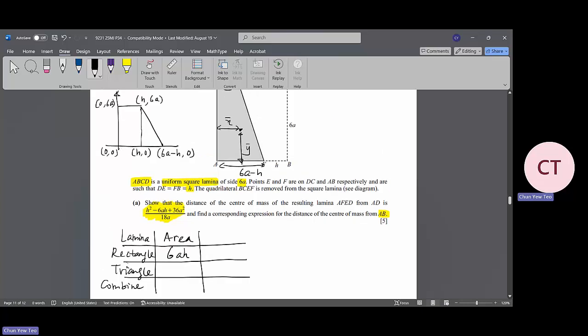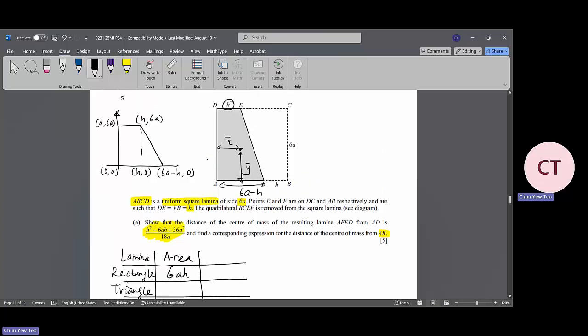Then the triangle is half times base times height. So the base over here is actually 6a minus h minus a, h. So you get 6a minus 2h. So the area will be half times the base times the height.